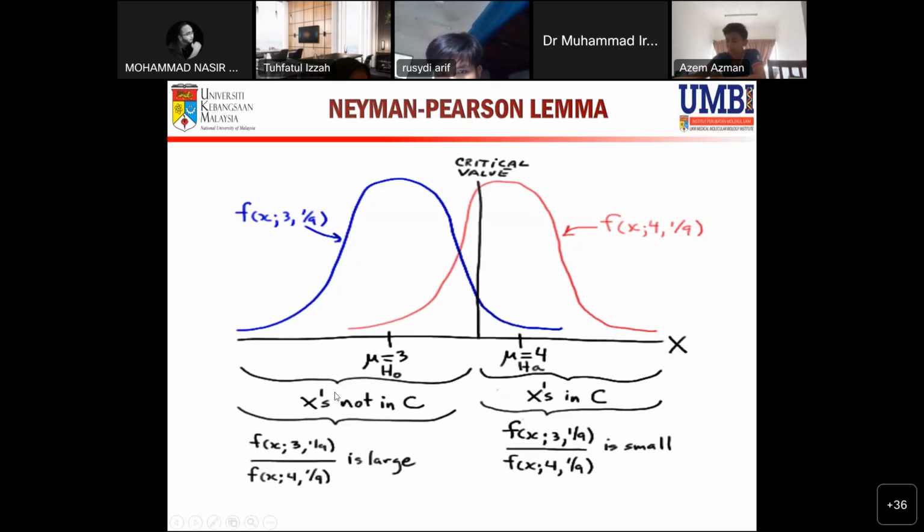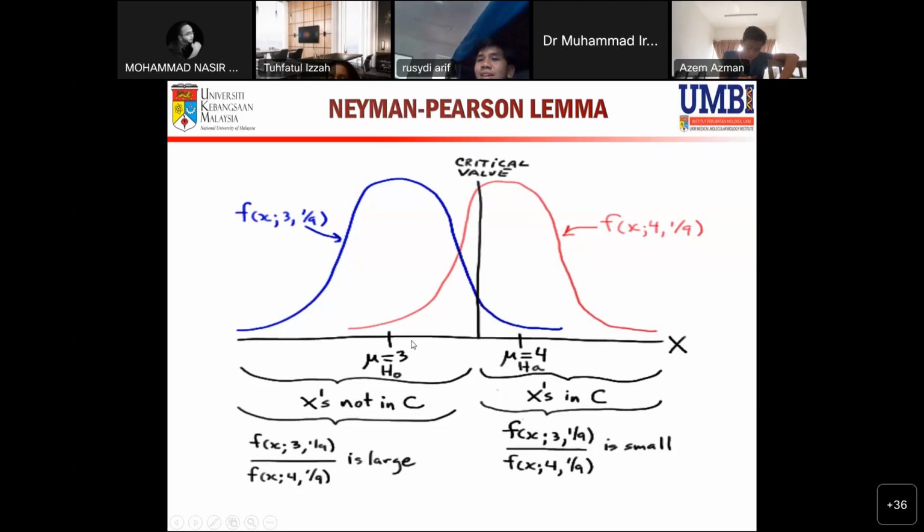So, if you have random observations x1, x2, x3 until xn, and the mean or test statistic we obtain lies in this region before the critical value, it means that it lies under the null hypothesis distribution, mostly. And these ones will be your usual size alpha, which is 0.05, the type 1 error. This is your null hypothesis distribution.